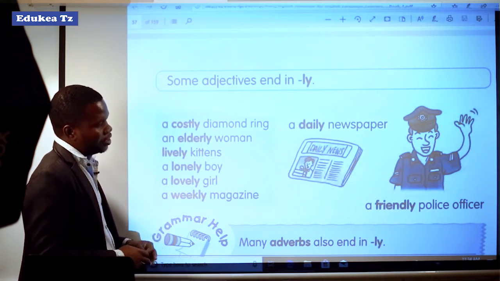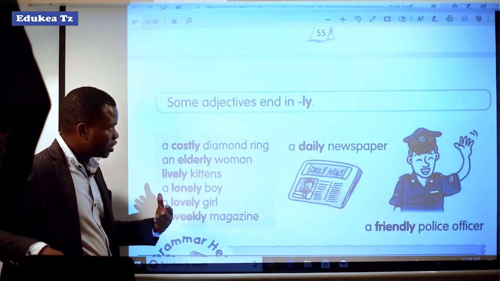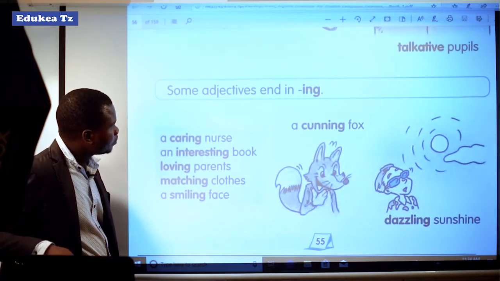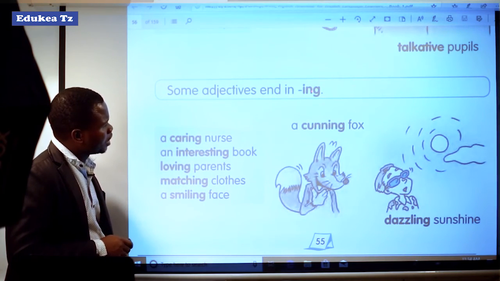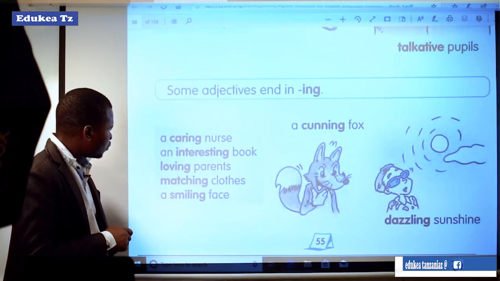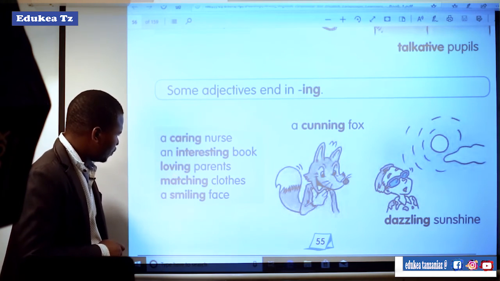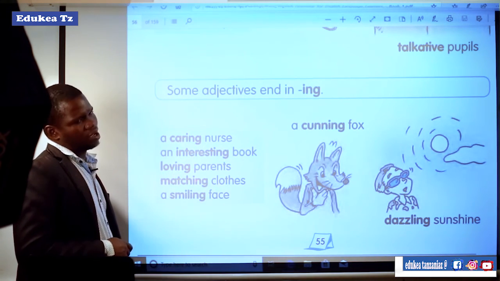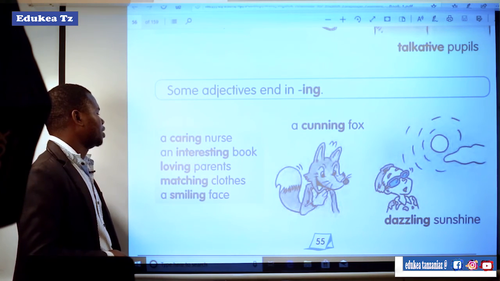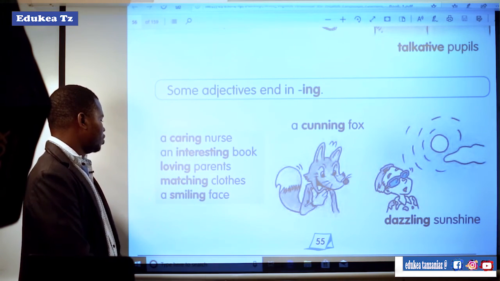So we have to be careful in differentiating them from adverbs. We also have to know some adjectives with ing, and differentiate them from verbs. Some people can say loving is a verb, but once this word is appended to a noun, it changes from verb to adjective.